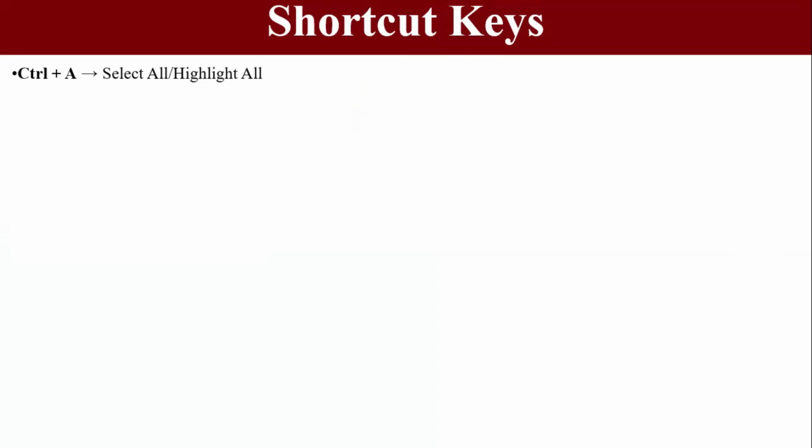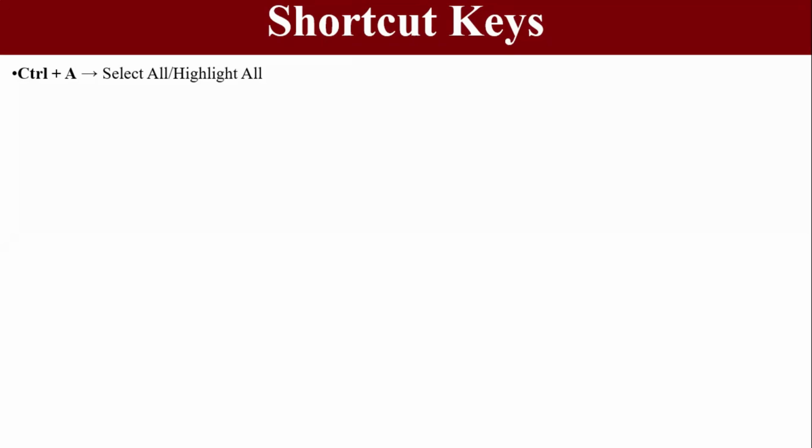So here are some common shortcut keys and what they do. We will start with A, which is Control A. Control A means select all or highlight all. It will select everything on the page at once.